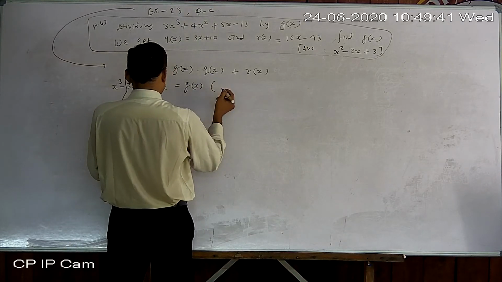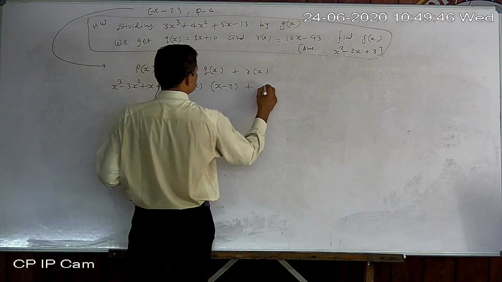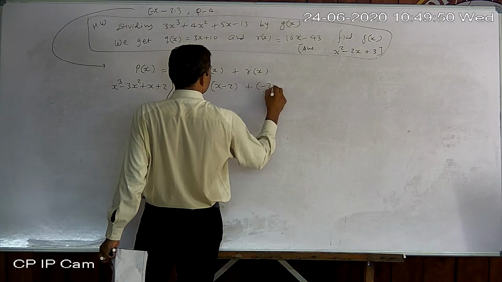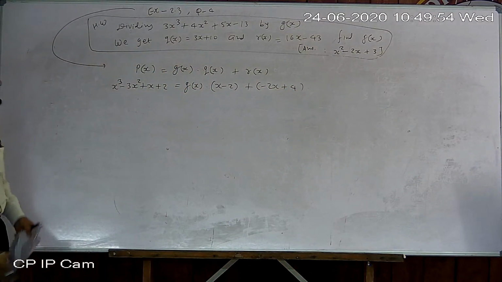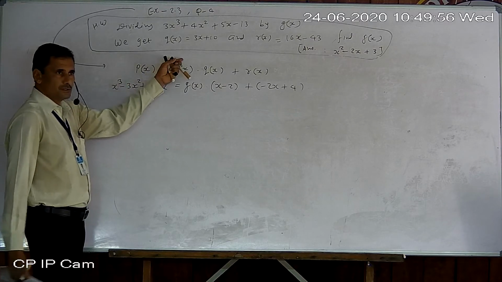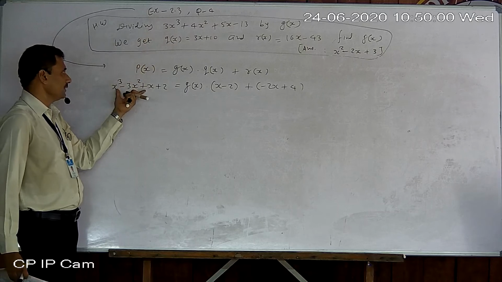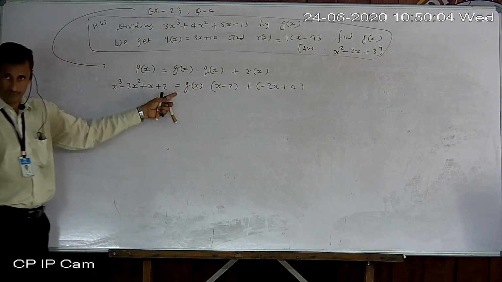Then q of x is given as x minus 2 and r of x is minus 2x plus 4. I have not written the question here, just given you the number. The dividend polynomial, quotient and remainder are given; the divisor polynomial is not given.